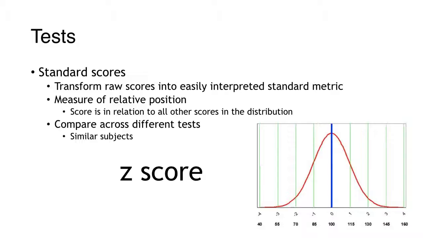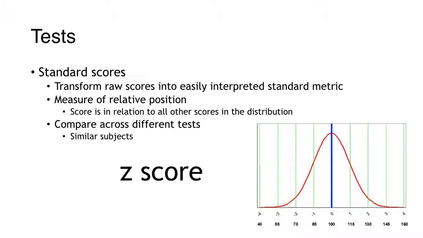So imagine you're giving two tests, one in math and one in reading. Obviously, it's going to be difficult to equate a student's performance on the two tests. Maybe the score on the math test ranges from 0 to 500, and the scores on the reading test range from 100 to 300.